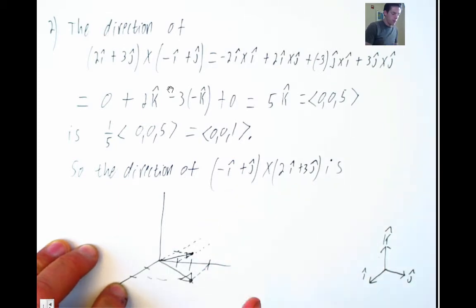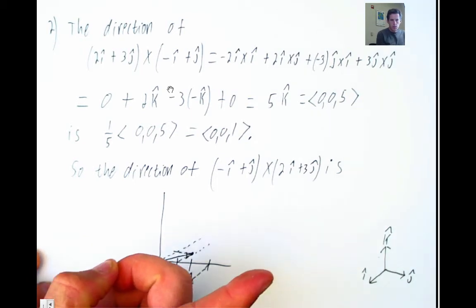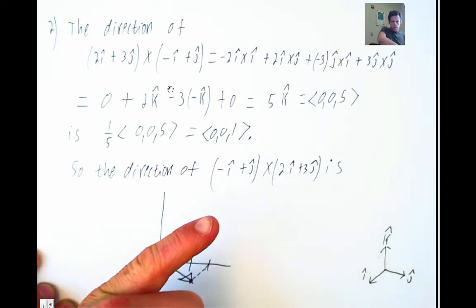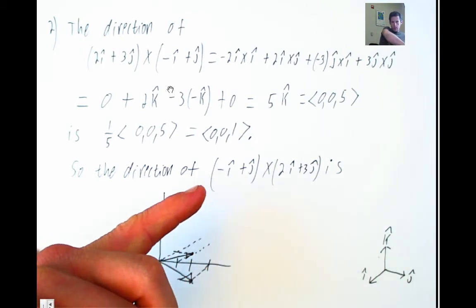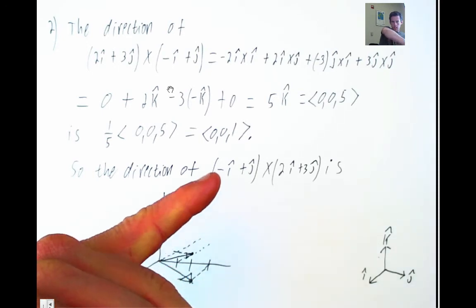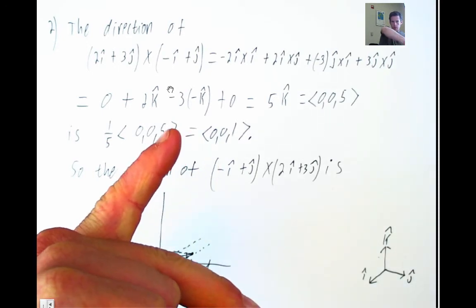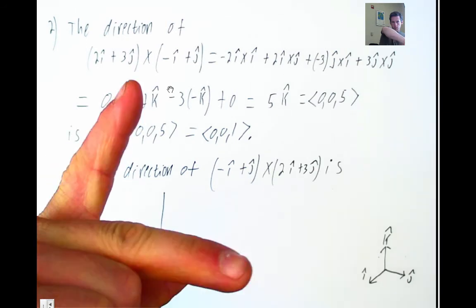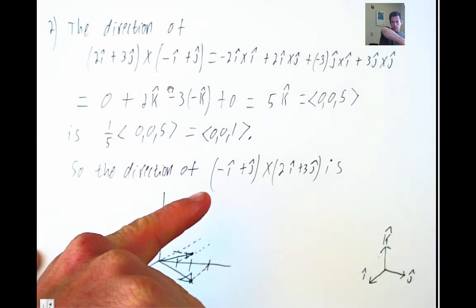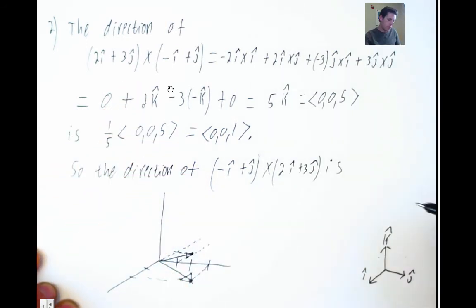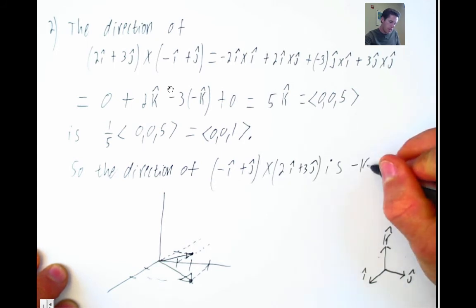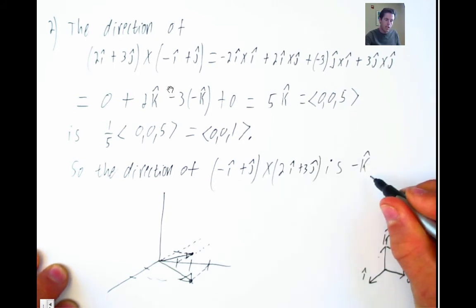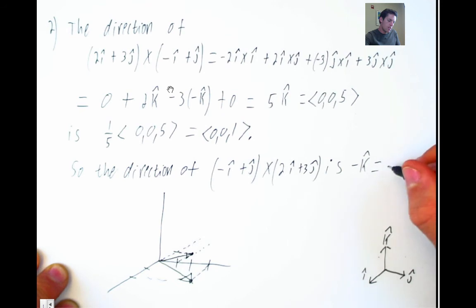So I point my first finger in his direction, and then I get my second finger in the direction of the second vector in that cross product, and then my thumb, which apparently is off the screen, back there somewhere, is pointing down when I do this. That is the negative k direction, negative k hat. Now negative k hat is a direction, it is 0, 0, negative 1.